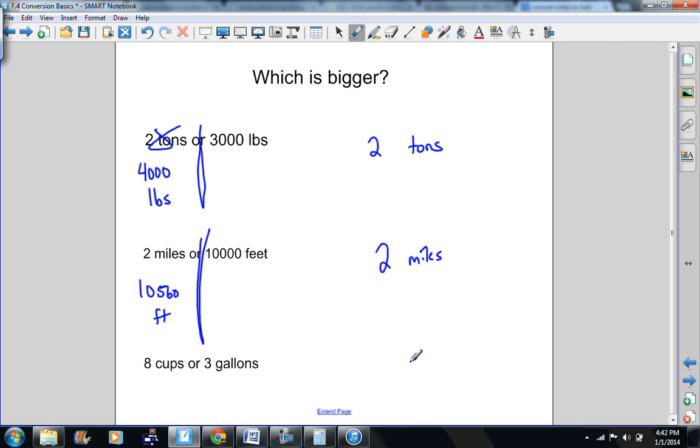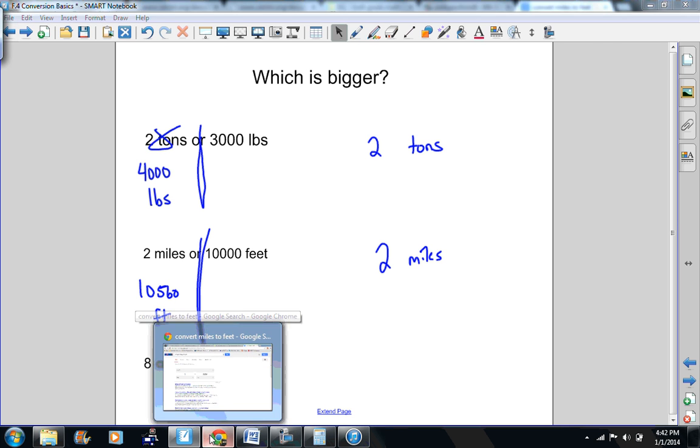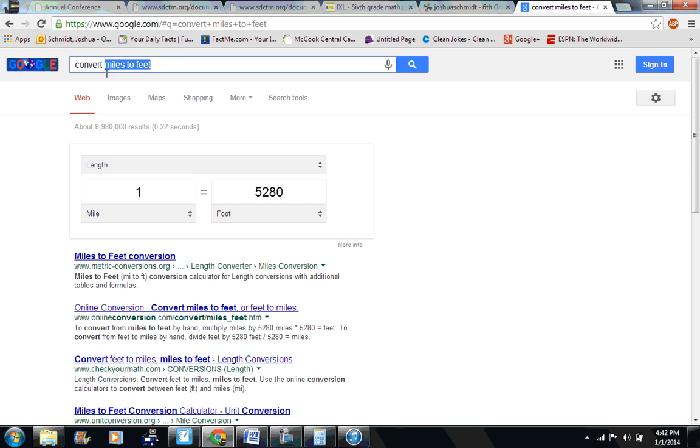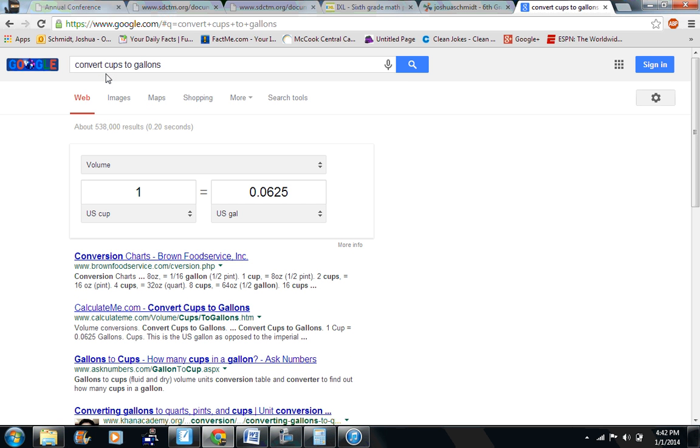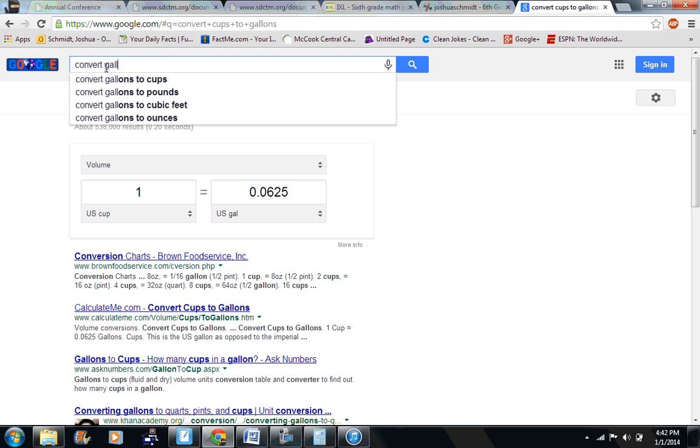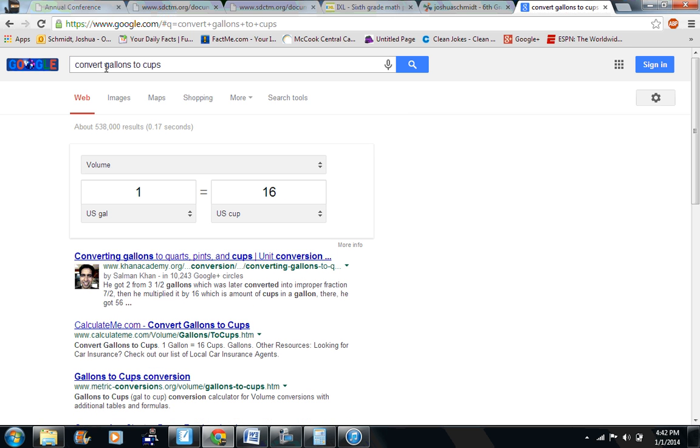So now here on the bottom, we have our last section, cups to gallons. So I'm going to convert cups to gallons. And this is where we get our problem. Now, we have a decimal here, 0.0625. Well, that doesn't mean anything to us. Therefore, instead of going cups to gallons, we're going to convert in the opposite direction, gallons to cups.